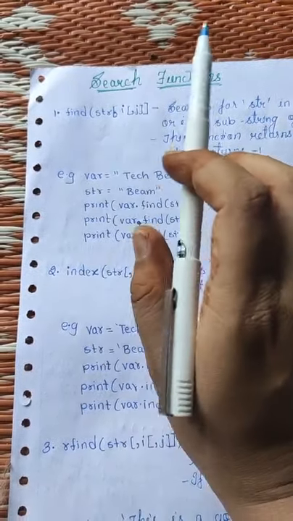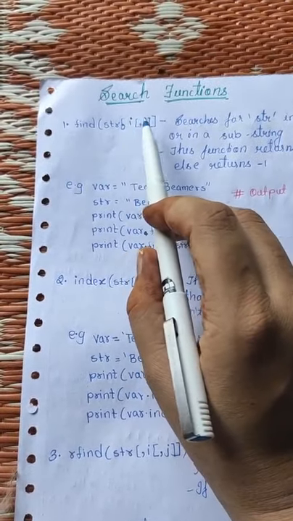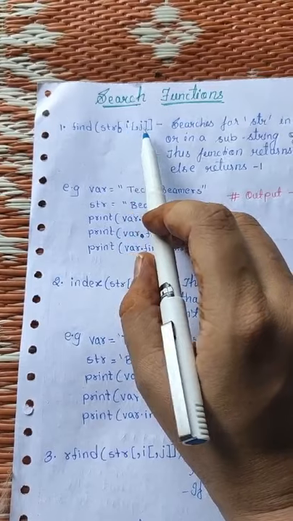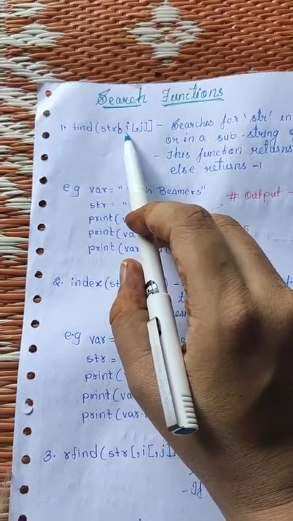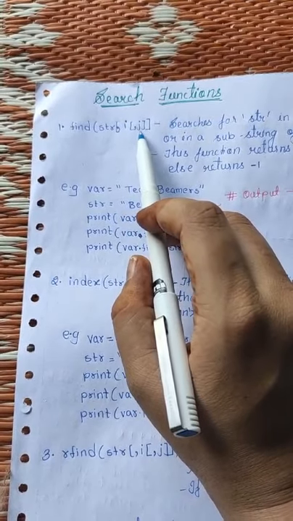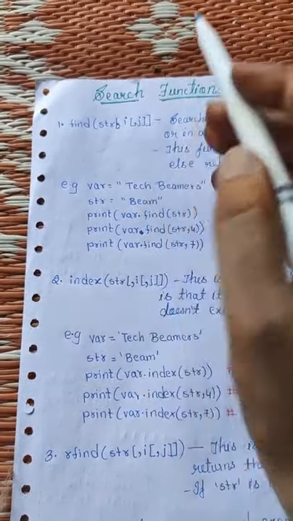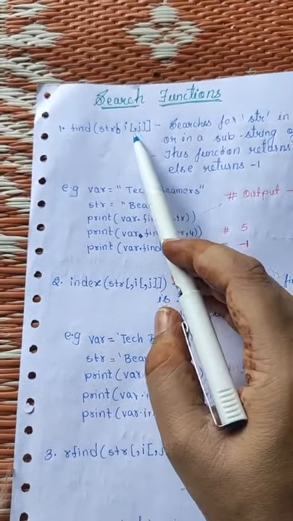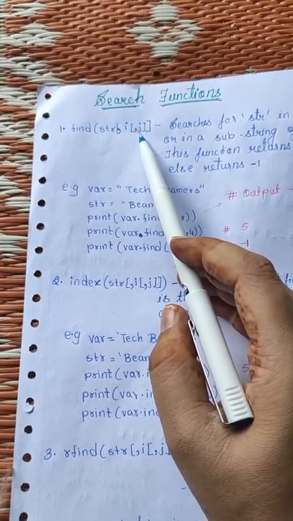Simply remember, in any function when you are given these i and j, they are nothing but the starting index and the end index. By default the starting index is 0 and by default j, that is the end index, will be the length of the string. Whatever the length of the string, accordingly this last parameter will change.